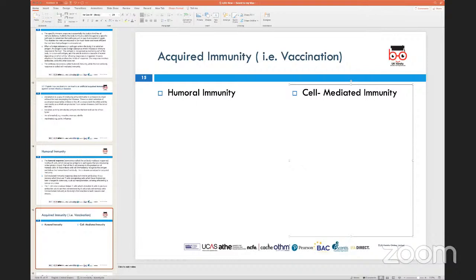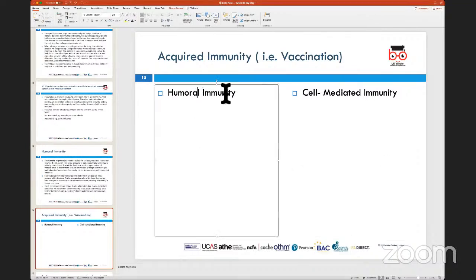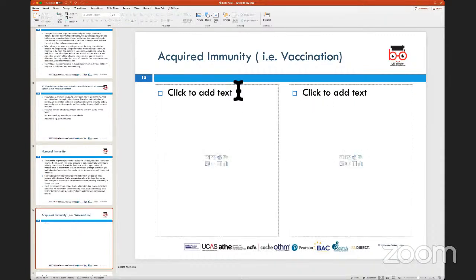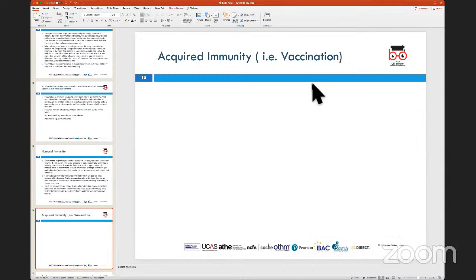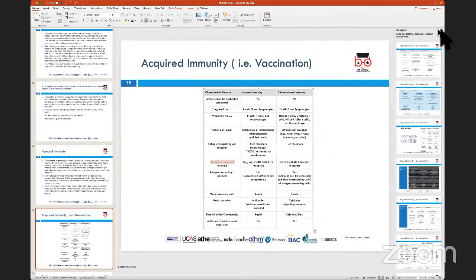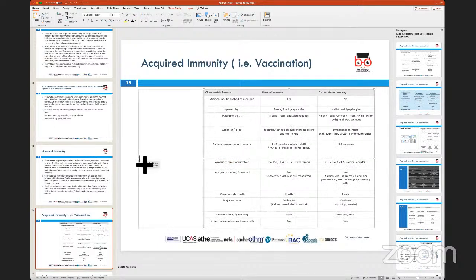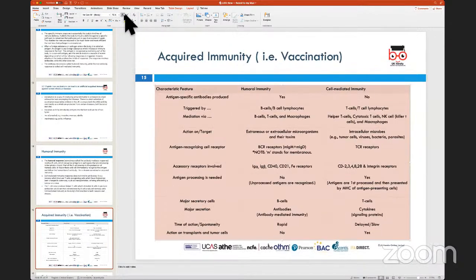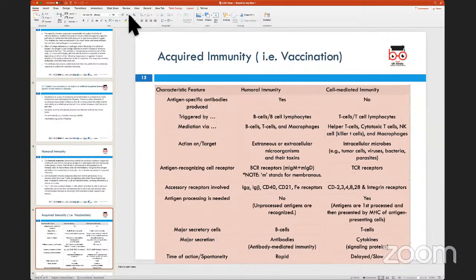This particular table that I will insert will differentiate between the immunities that we are talking about. Hopefully this will be useful because it will provide all the details that we want to understand when we talk about the concept of acquired immunity.